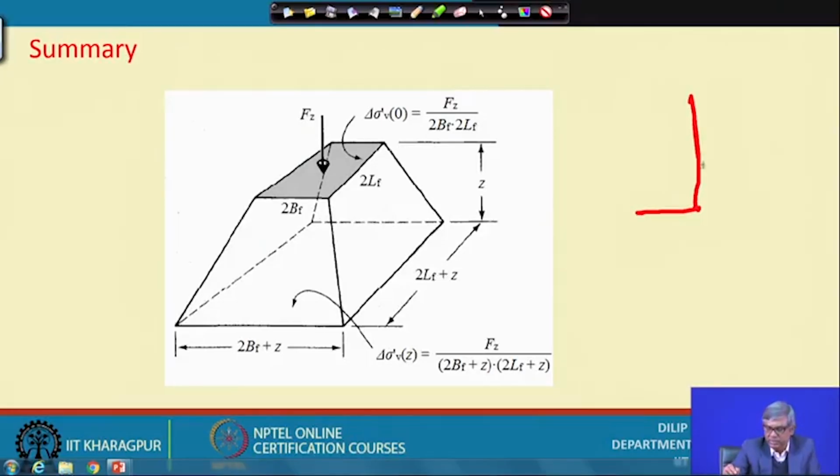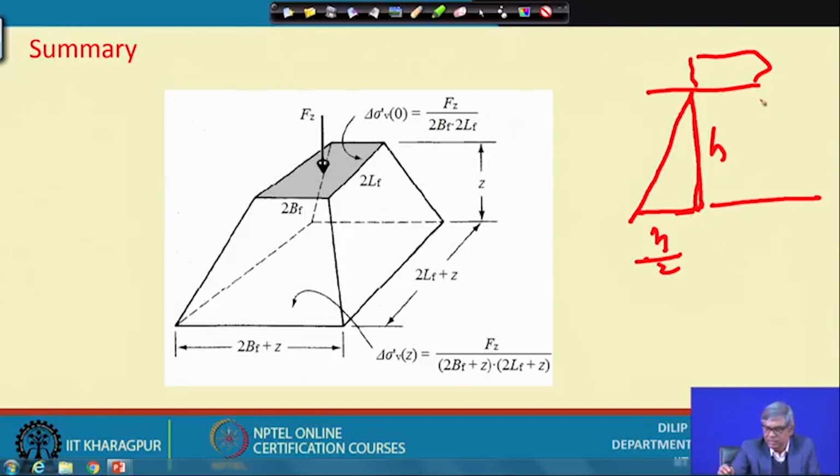So, if this height is h, then this side spreading will be h by 2. So, if the footing is here, then I can assume the footing is widened at this depth equal to this side h by 2 and this side also h by 2. So, ultimately footing which was originally b, then it will be at that depth b plus h.